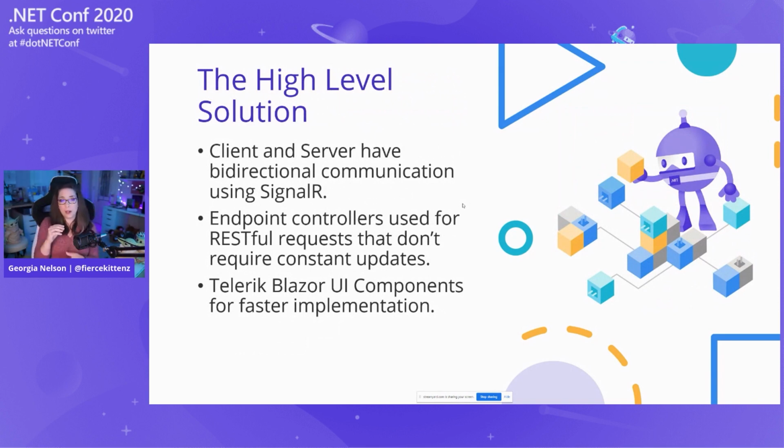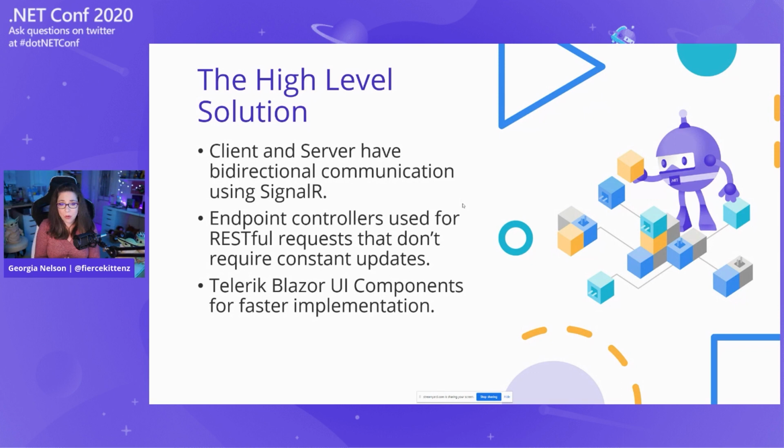So the high level solution. I am heavily using SignalR because I need bidirectional communication. There are traditional endpoints, and I have controllers on the server side. But primarily I need that two-way communication, because for actions on the front end that the user is sending to the back end, I also need the back end to say, hey, front end, you just got an alert, so it can play, or at least let the user know that this happened, because there's a dashboard that has logs.